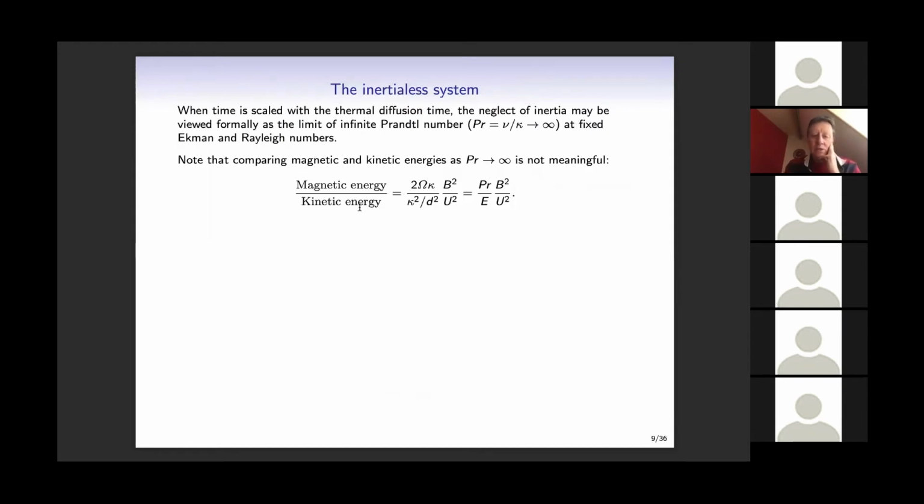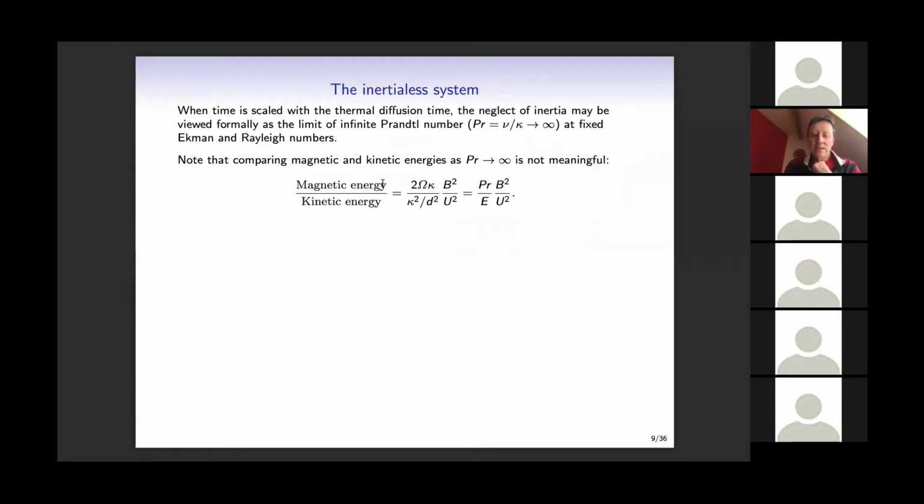Or let me just put this in as an interesting aside, which kind of surprised us in a way. If you take the magnetic energy and kinetic energy, dimensional, let's say, and you scale them as we've scaled our variables, so B and U would be what would come out of the code, then it's actually got a Prandtl number in it.